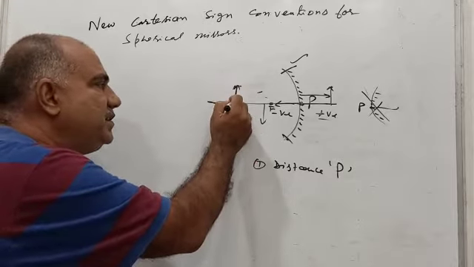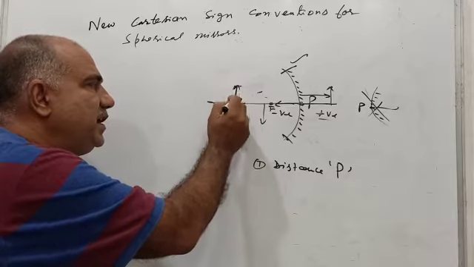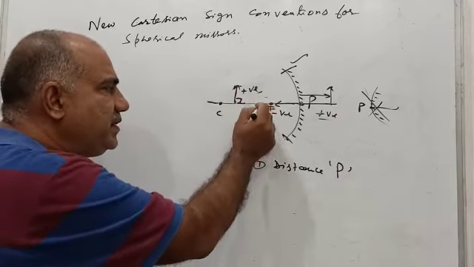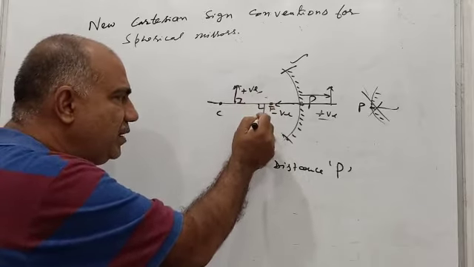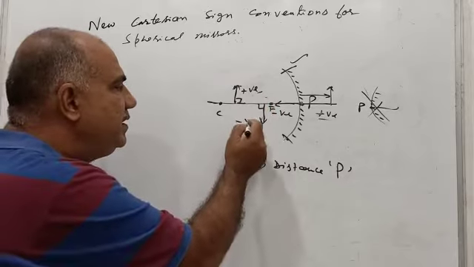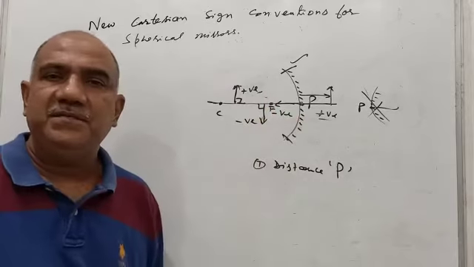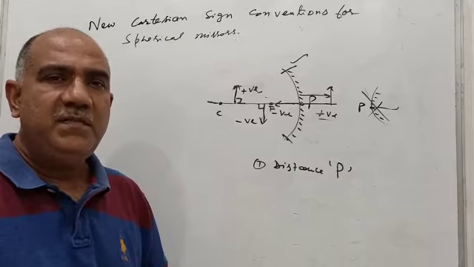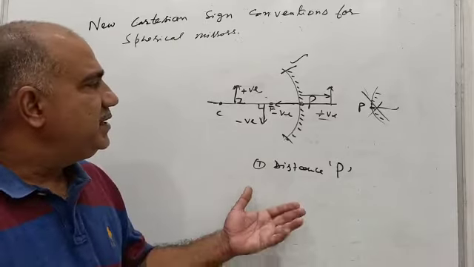Anything that is perpendicular and moving downward, below the principal axis, will be assigned a negative sign. More than this is not required at this point because we are studying in class 10th.